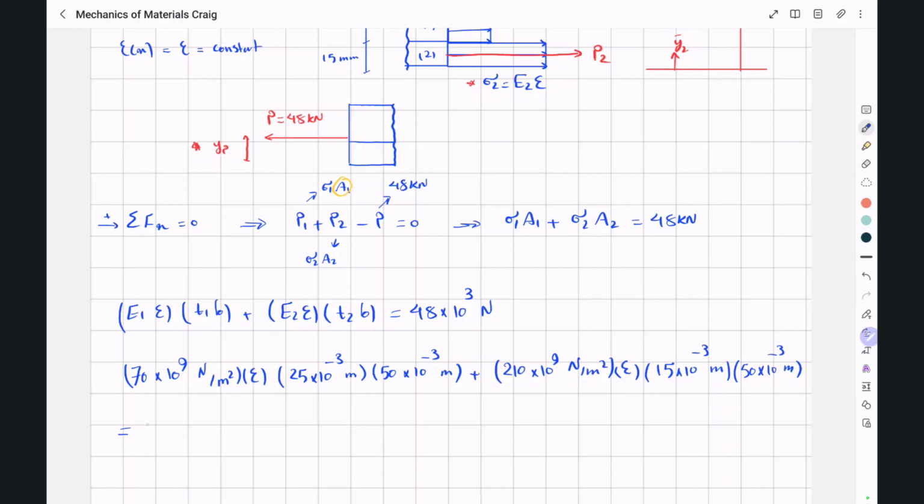This is equal to 48 multiplied by 10 to the power of 3 Newton.